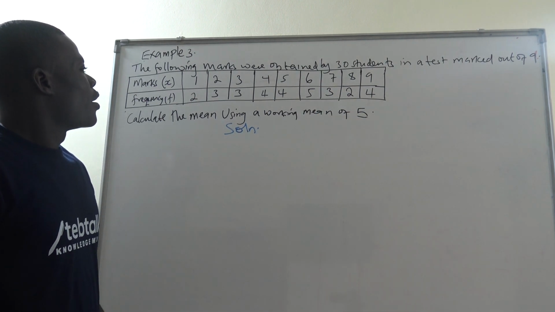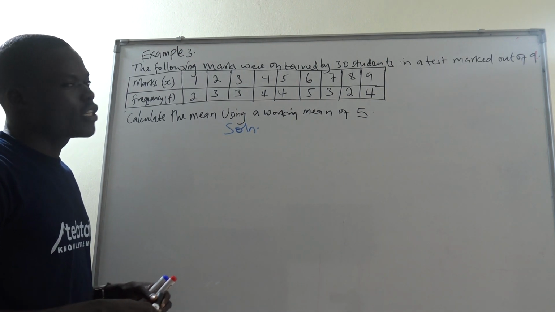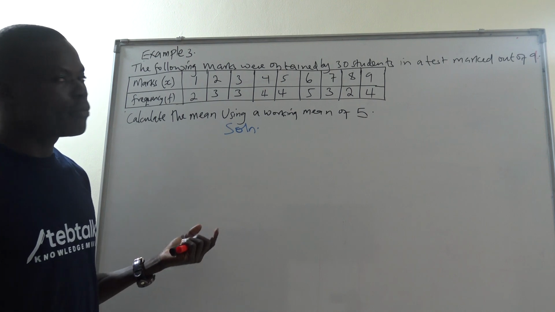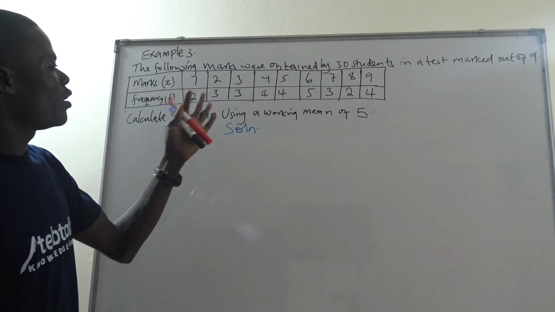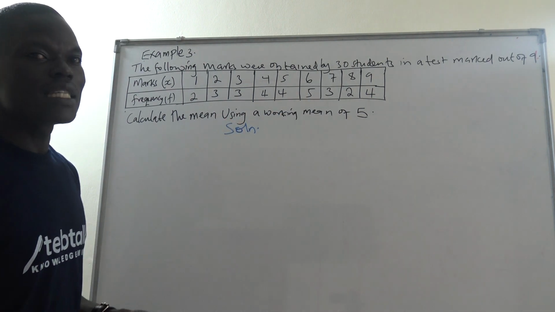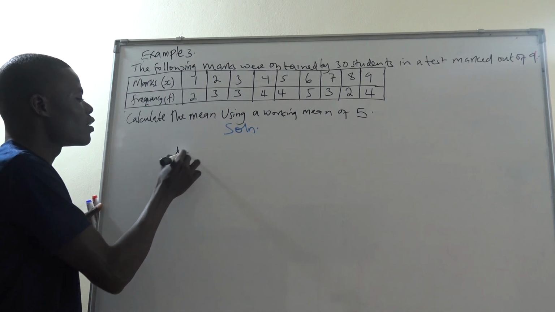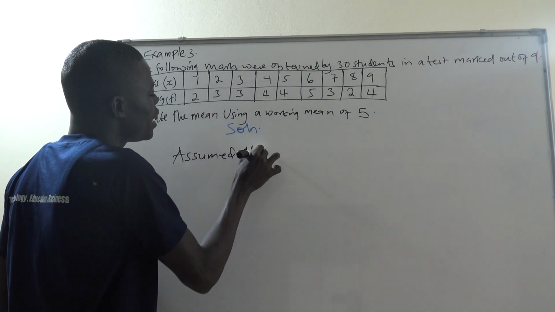So we had gotten used to calculating mean just using frequency and the variable x. But this one is somehow different, in that they have given us the condition of a working mean. Working mean is the same as assumed mean.